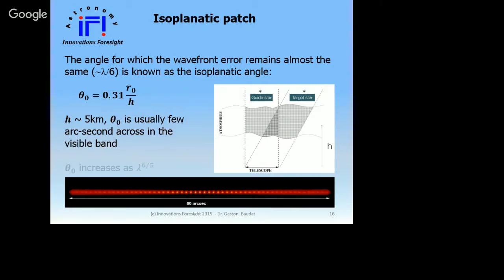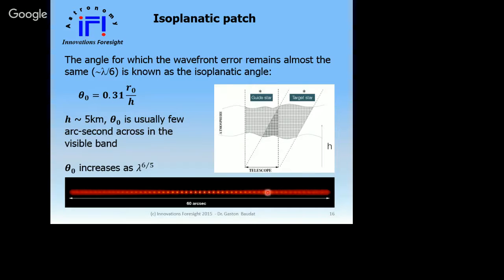And so that's a very nice example where you can see a 60 arcsecond scale. And this is your guide star, let's say. Now, if you move away from your guide star and you look at another star, assuming you do adaptive optics, right? You try to correct the seeing, and you see what happens. Then when you go away, the other star, let's say the target, becomes less and less well corrected by the adaptive optics, to the level where it becomes even worse.